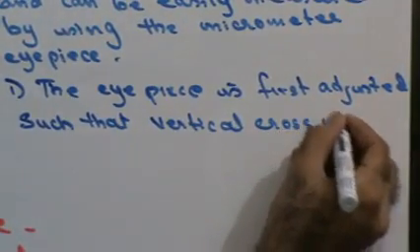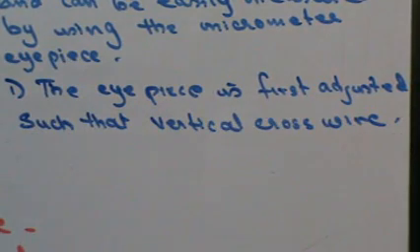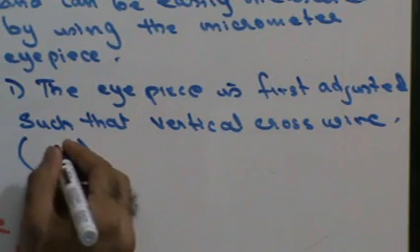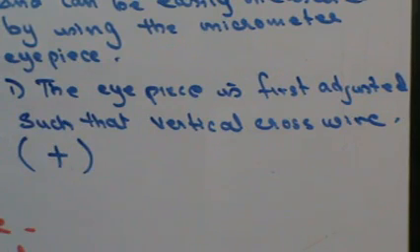I hope you all know the meaning of a crosswire. When you are shooting someone, you have a plus sign. When you look through the micrometer eyepiece, you have this plus sign. That's called a crosswire.